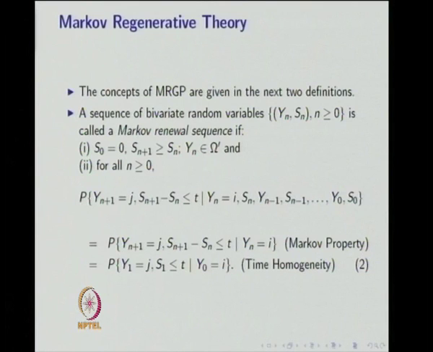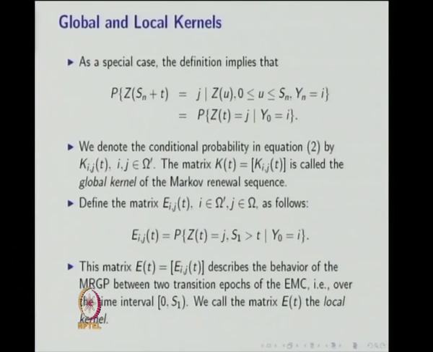A Markov renewal sequence is also defined in bivariate form like this, and this form of definition is frequently used since the renewal time and the state of the system at the renewal instant are both important. So, this conditional probability becomes the transition probability; it forms a matrix K(t), which is called the global kernel of the Markov renewal sequence.